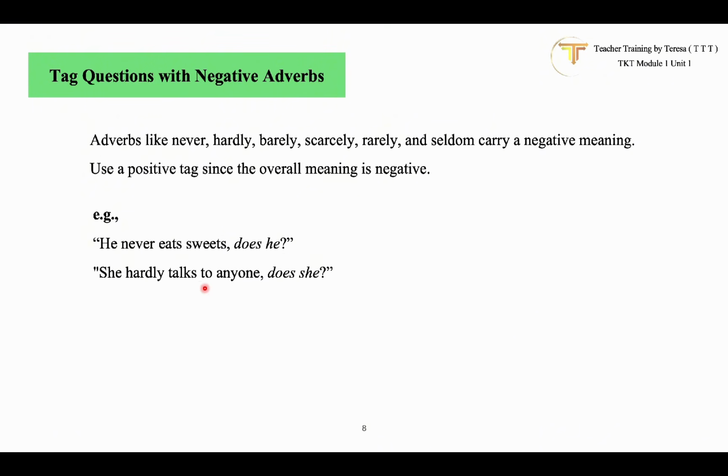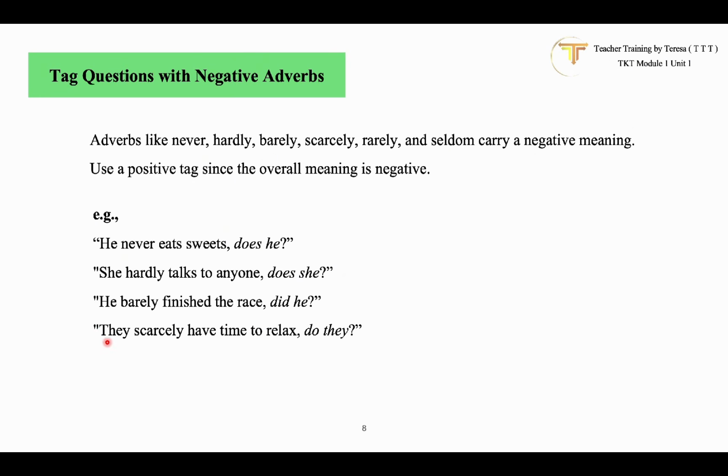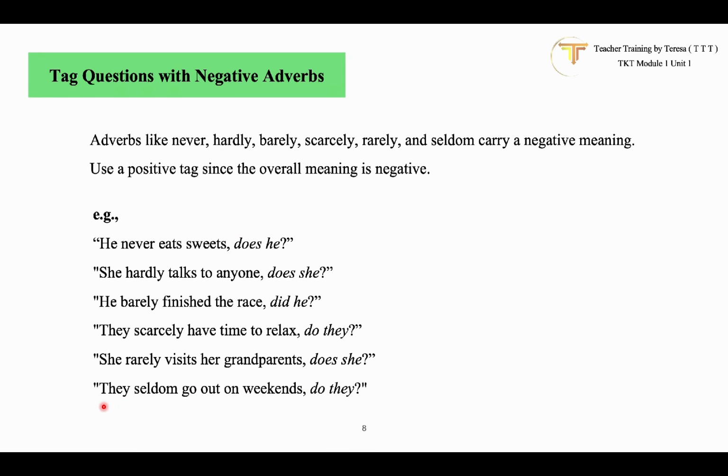She hardly talks to anyone, does she? He barely finished the race, did he? They scarcely have time to relax, do they? She rarely visits her grandparents, does she? They seldom go out on weekends, do they?